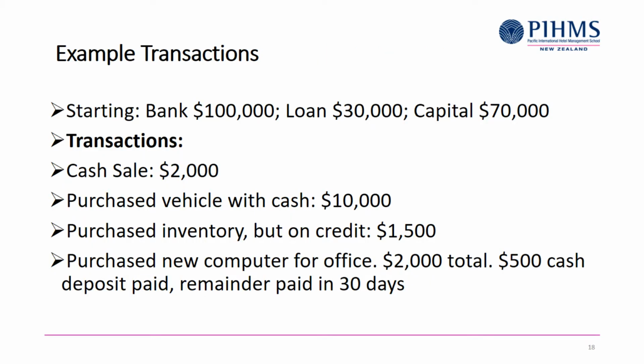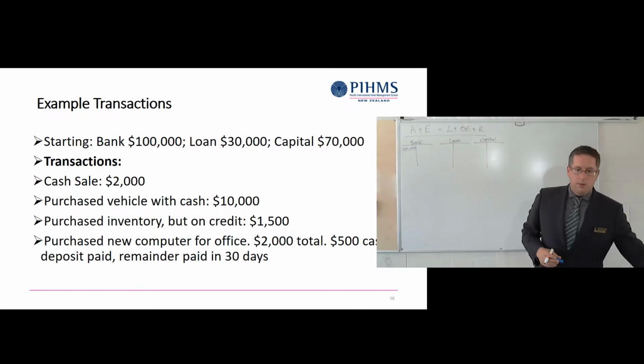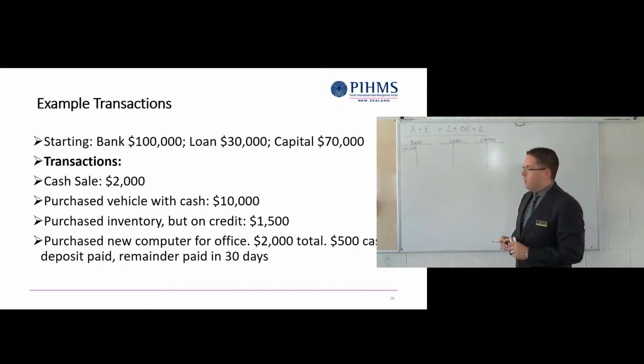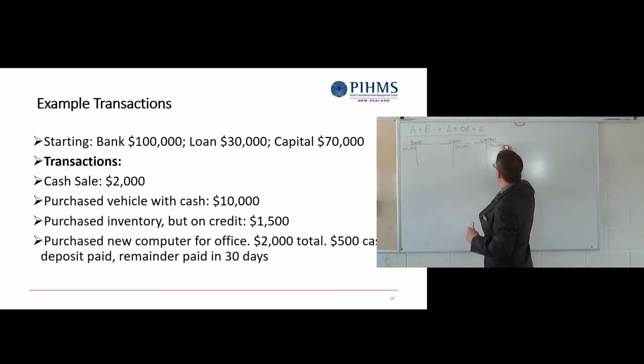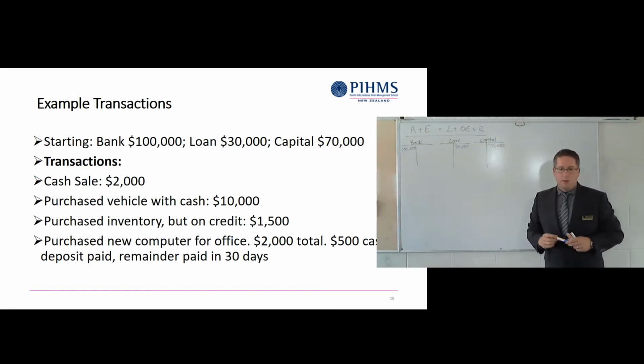Okay, so the starting part is exactly what we had before, where we have some money in the bank. We've got some money in the bank, that's $100,000. We've got a loan of $30,000. And capital is $70,000.